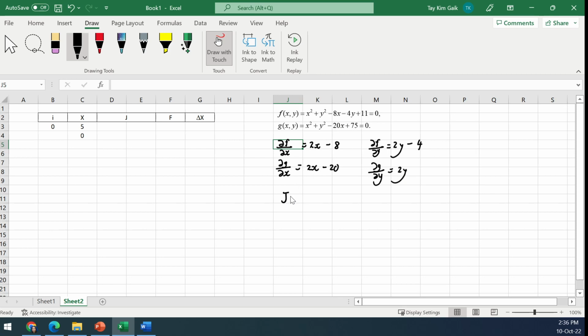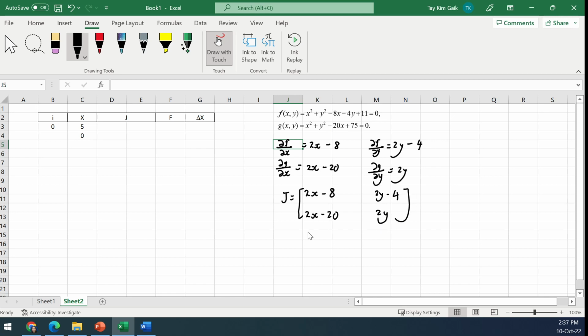Okay, that's your Jacobian. Del f del x is 2x minus 8. Del g del x is 2x minus 20. Del f del y is 2y minus 4. Del g del y is 2y.